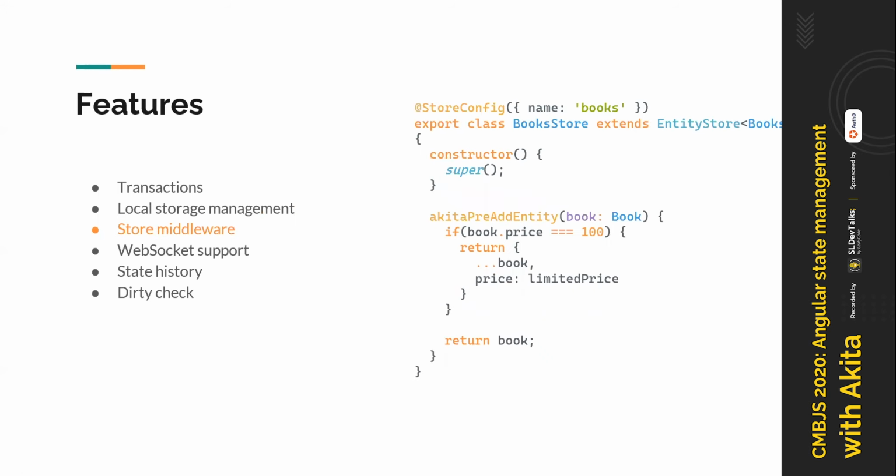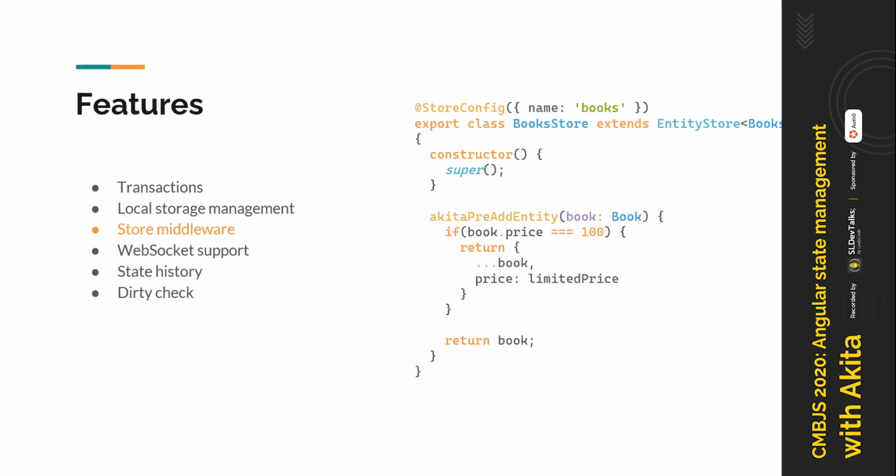And there's another feature called store middleware. So we can have hooks. If we want to do some changes to our entities before updating or before adding or before removing, you can create a hook and do all your changes before or after your operations.